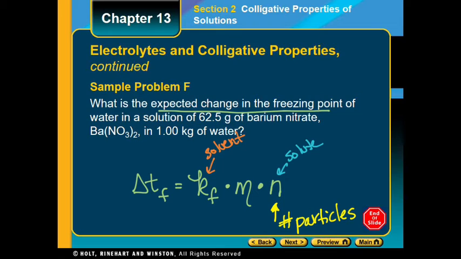If I'm looking at this, my solute is barium nitrate. That is an ionic compound. We have a metal and a polyatomic ion. So when it breaks down, we will have 1 barium ion and we will have 2 nitrate ions. So 1 plus 2 is 3. So N will be equal to 3 in this particular example.